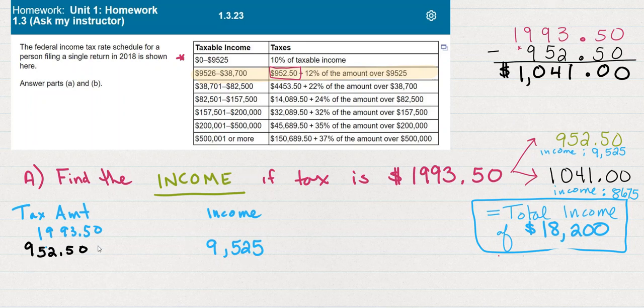And then what's left over from that? Well, the $952.50 would have been taken out, leaving $1,041 in taxes. So I'm paying 10% on the $9,525 amount, and then for this next amount of income, the percentage jumps up.